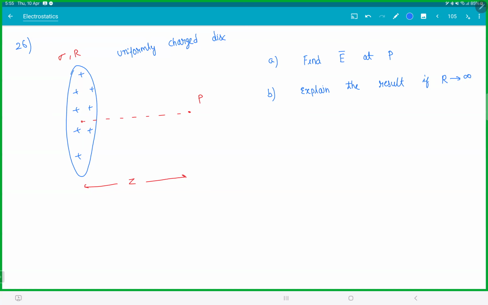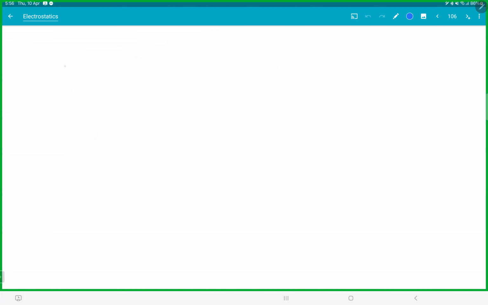How do we choose an element? At a distance x from here, I will take a thin ring like this, whose thickness is dx. So area of this thin ring is 2 pi x into dx. Everyone knows that, right?